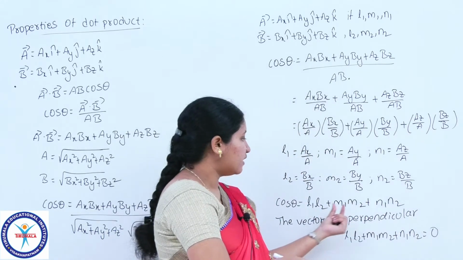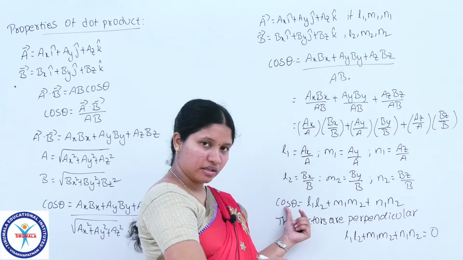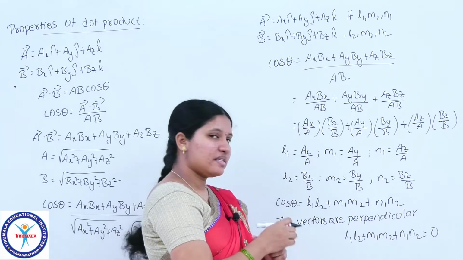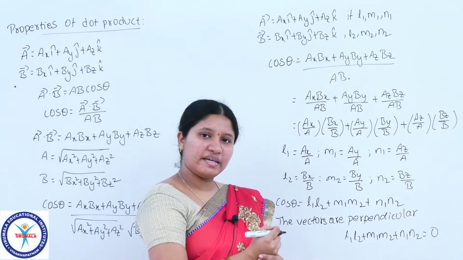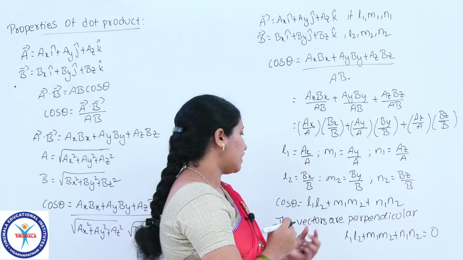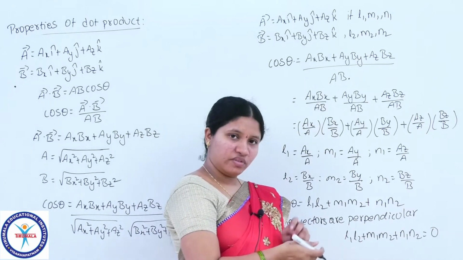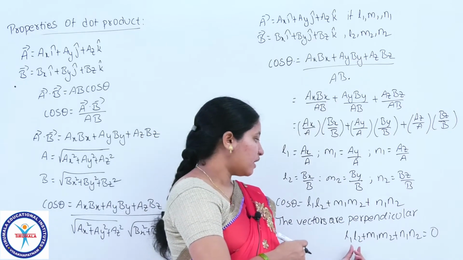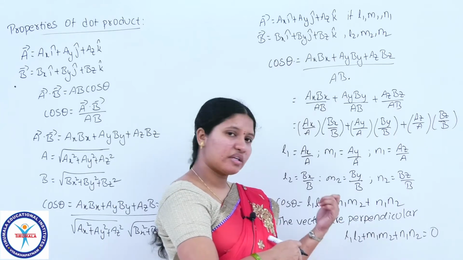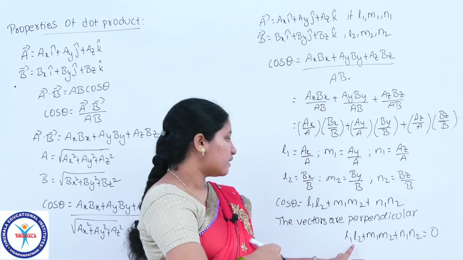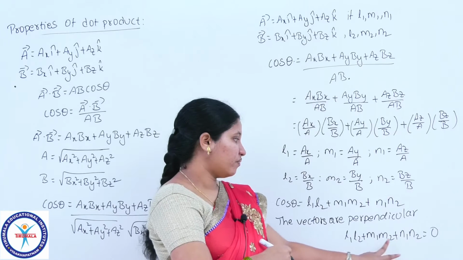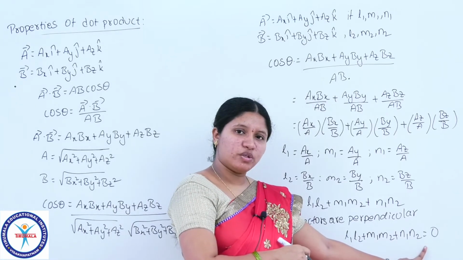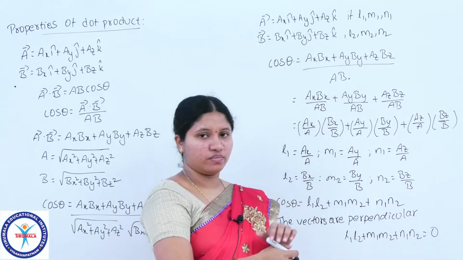Why? Because this is equal to cos theta. So when the angle is 90 degrees, cos 90 becomes 0. So we can say that the two vectors will be perpendicular if the direction cosines are such that L1 L2 plus m1 m2 plus n1 n2 is equal to 0.